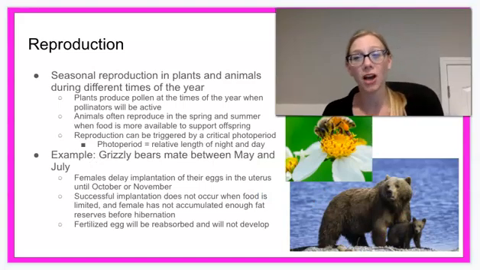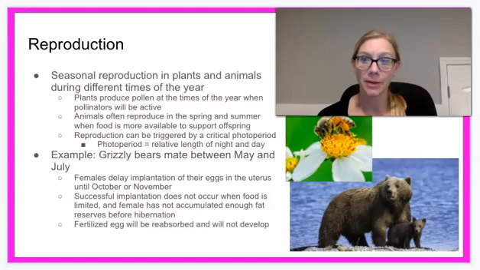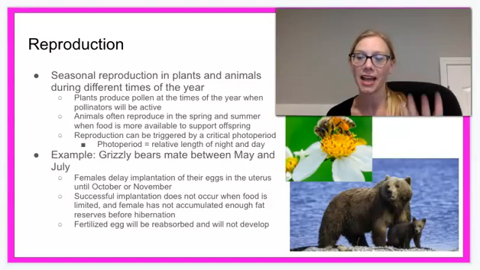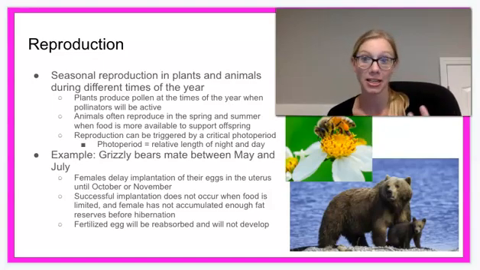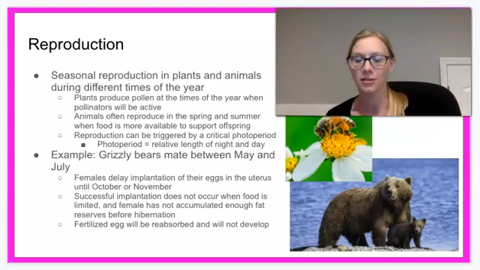Okay, when we also talk about reproduction and how it can be beneficial to organisms, one thing we can talk about is seasonal reproduction in both plants and animals. It can happen at different times of the year based on when is really best and how that organism is responding to its environment. So plants, right? If we think about plants, they produce pollen at times of the year when pollinators will be active. Why is that beneficial, right?